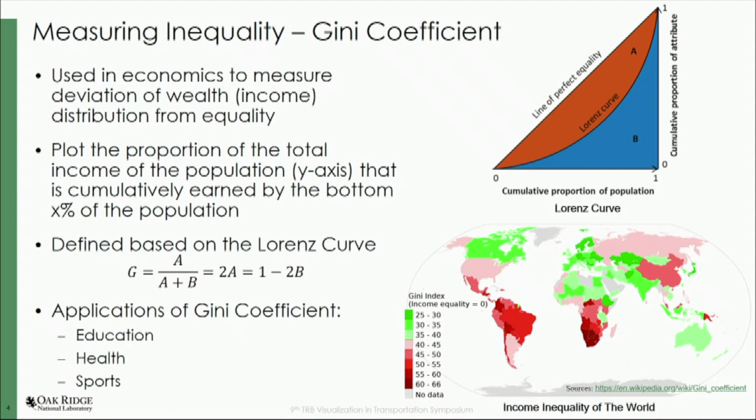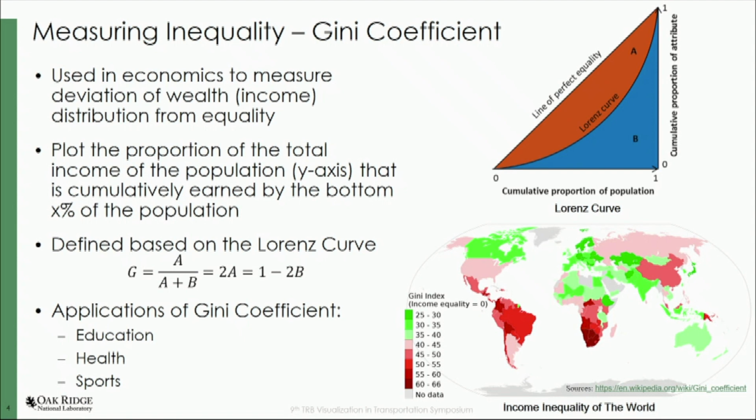So a Gini index of 0 means it's equal, whereas a Gini index equal to 1 means the whole triangle is the orange area, which only occurs when the richest person has all the money of the world. That usually doesn't happen, but that's how this index is defined.